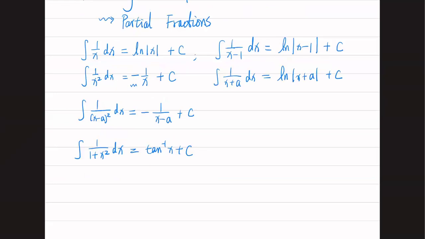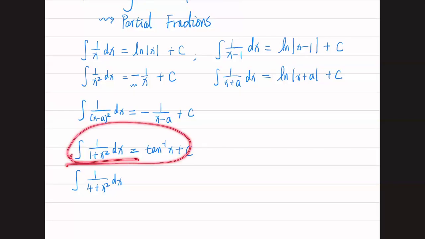Let's try something. How do we find the integral of 1 over 4 plus x squared dx? Not easy. We know this one. Could we use this as a guide for us to find this integral?